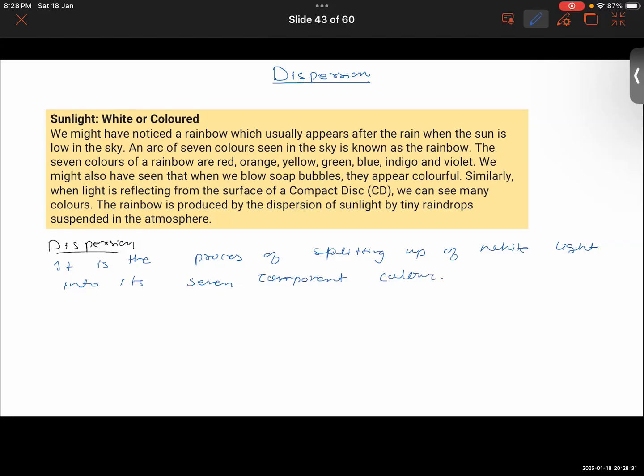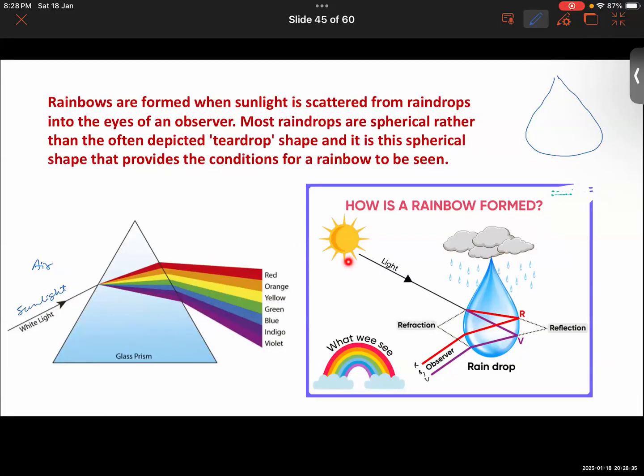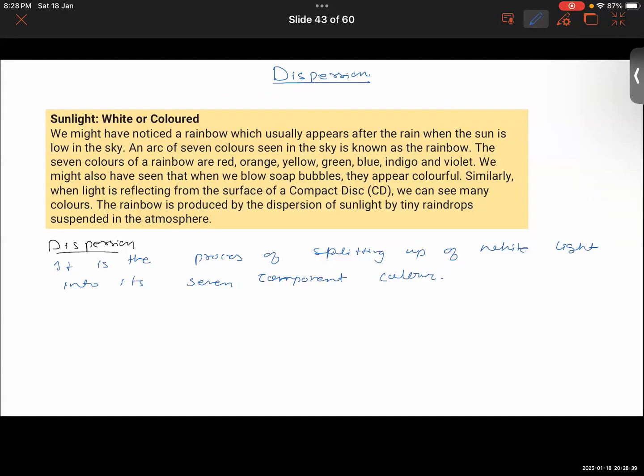And when does it happen? When it passes through a glass prism or through a raindrop, right? So this takes place when it passes through a glass prism or raindrops.